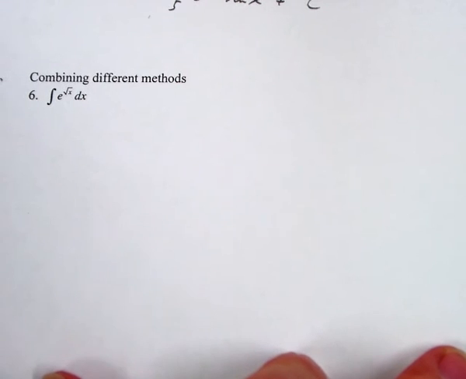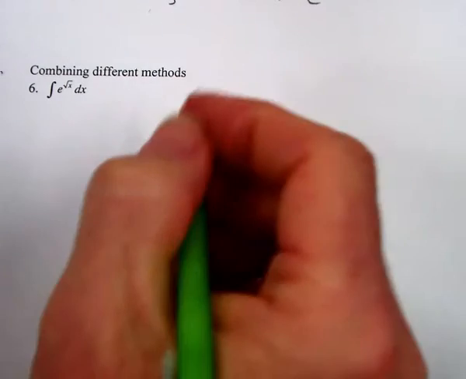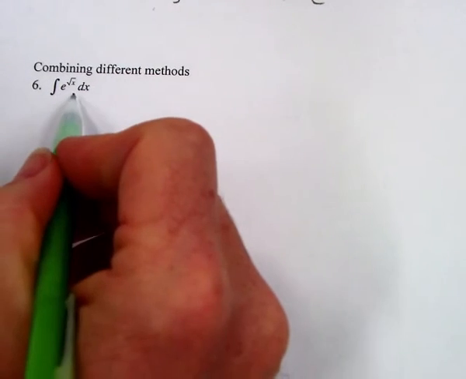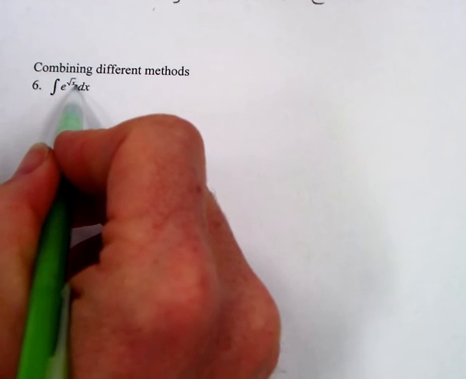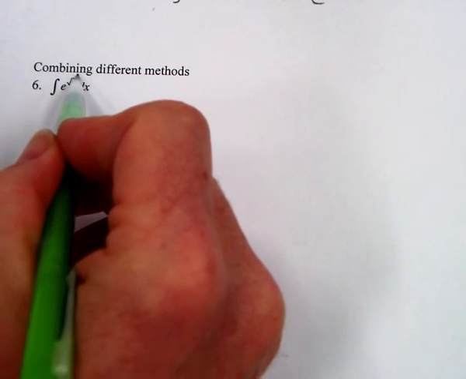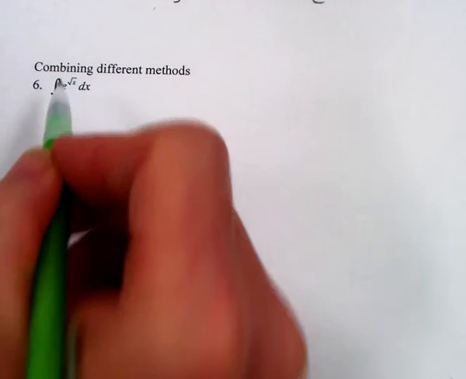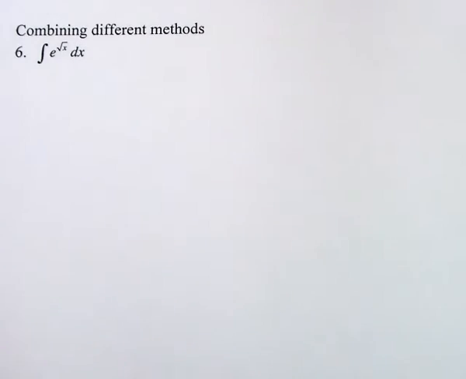Now here is an interesting problem that combines a couple different ideas, different methods. This is definitely not a straightforward one, because if it was, we would say e to the square root of x. Then if we did a substitution, we'd want the derivative of the square root of x outside of the exponent of e.